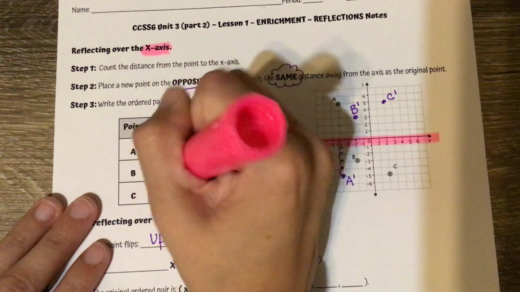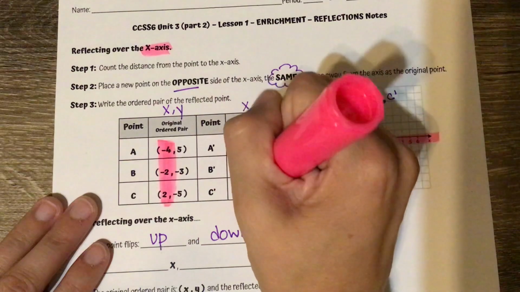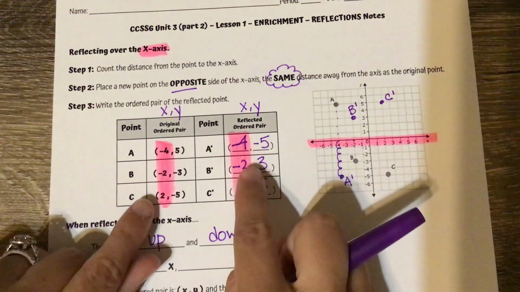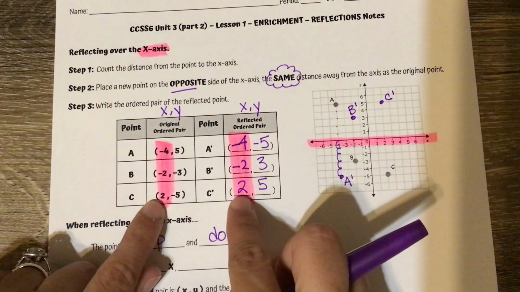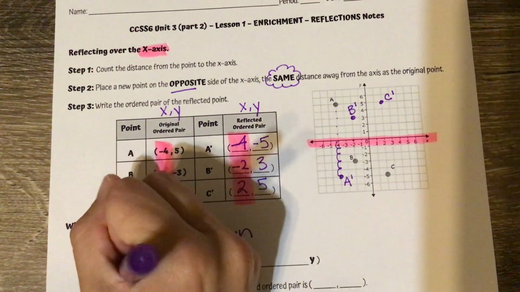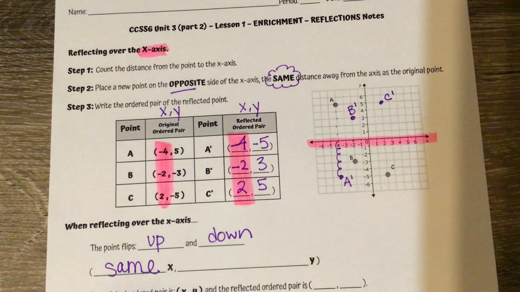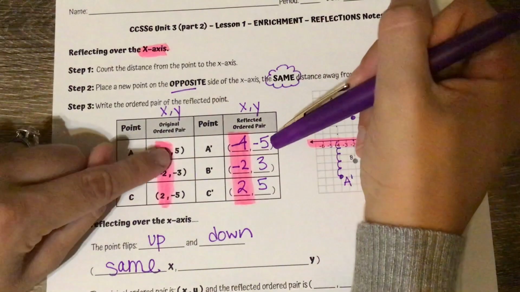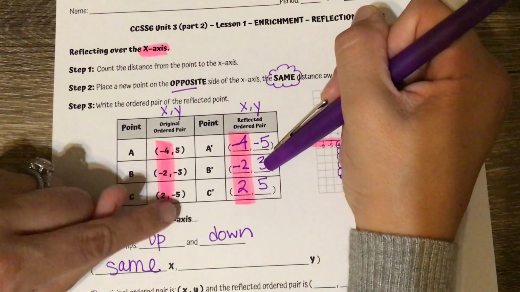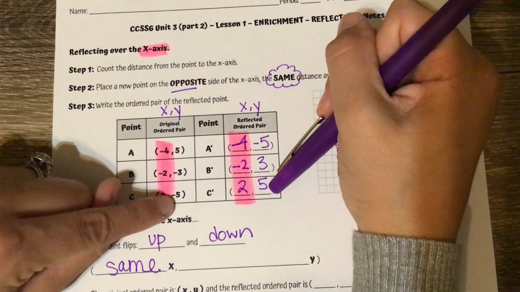And you look at your x values, you might notice that the x values stayed exactly the same. -4, -4, -2, -2, 2 and 2. So our new ordered pair is the same x value, but if we look at the y's, 5 became -5, -3 became +3, -5 became +5.